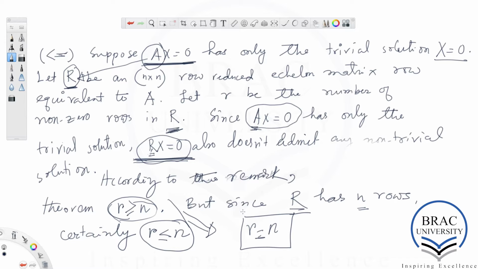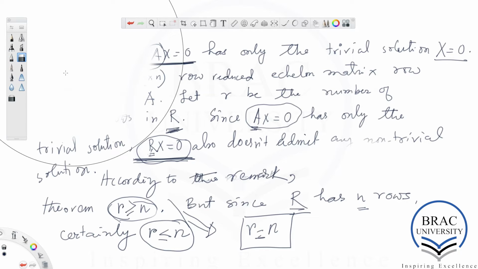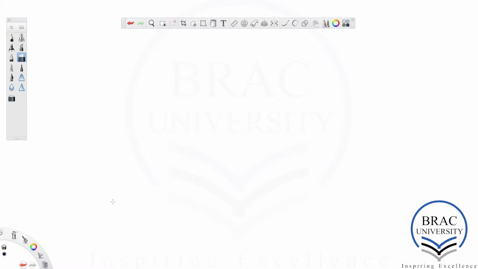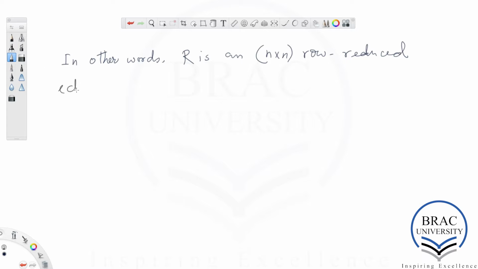In other words, R is an n times n row reduced echelon matrix.